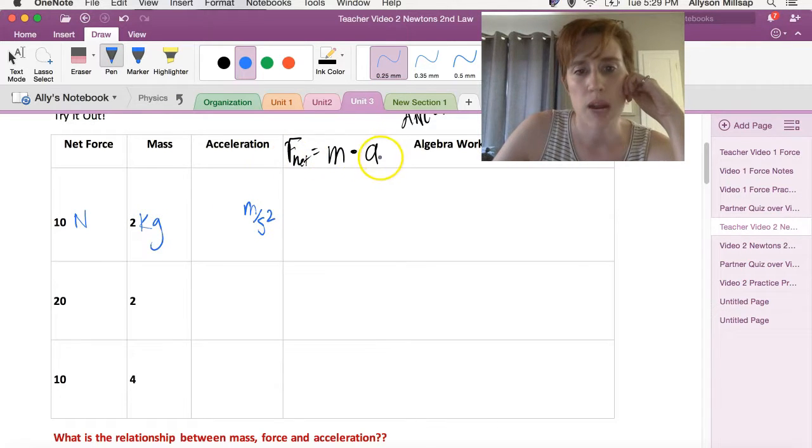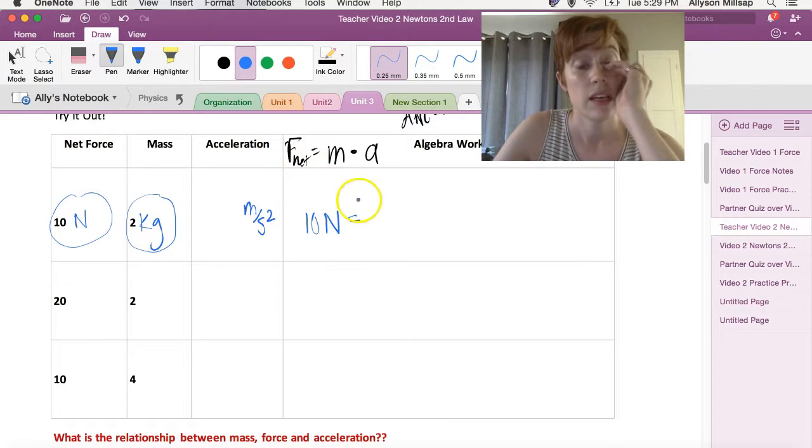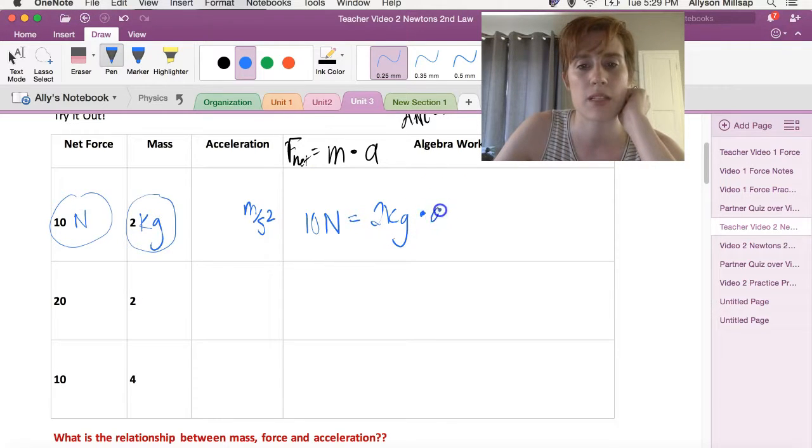First thing we do is we write out our formula, and then we're going to take the values that we know, and we're going to plug them into this formula. We know net force, that's 10 newtons, so I'm plugging it in for this spot, equals, we know the mass, it's 2 kilograms. We don't know the acceleration, so it's times acceleration. So to solve for acceleration, I need to isolate it, so I need to move the 2 kilograms to the other side.